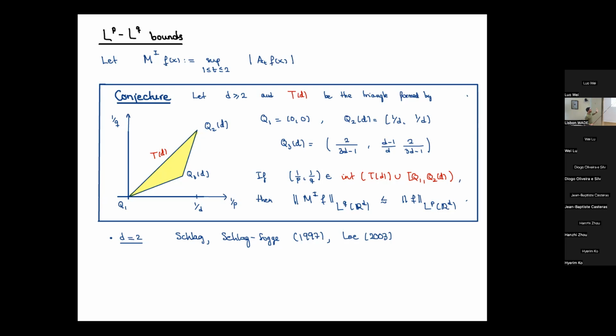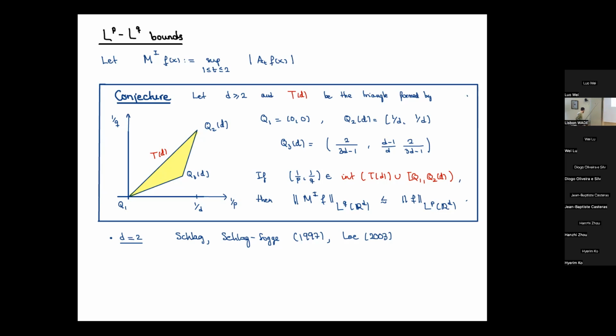The numbers don't really matter, but the classical Knapp example, for the ones that know about Fourier restriction theory, tells you that this point should be a triangle, and this should be the key point. In dimension 2, this is already old work by Schlag, and later there are other proofs by Schlag and Sogge and Seeger concerning endpoints.